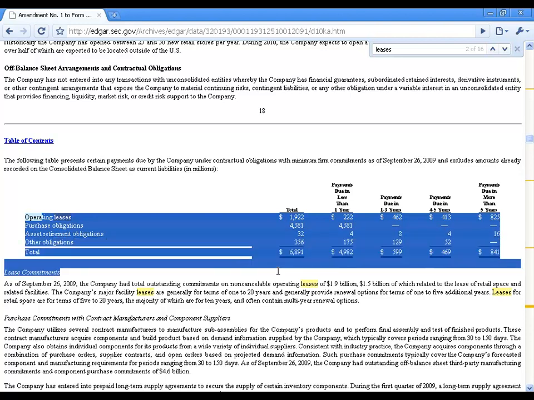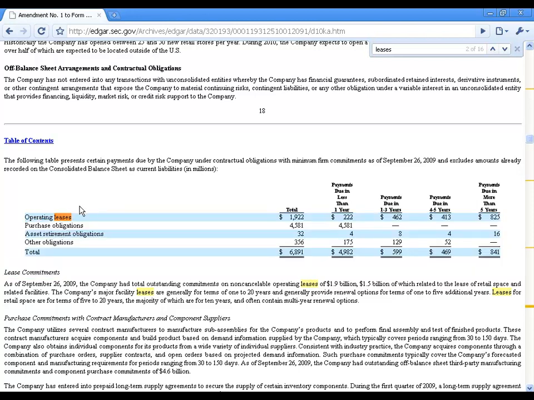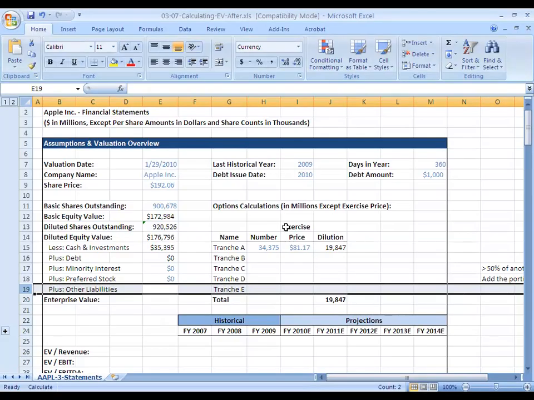So the issue here is that sometimes a company's leases are really more like debt because they give the company ownership of some type of asset after a period of time, or they're really more similar to a company raising debt to purchase an asset at some point in the future. So sometimes we have to change a company's operating leases to capital leases. For right now, I'm not going to bother with this, so we're going to go back to our Excel spreadsheet and I'm going to enter 0 for other liabilities right here.